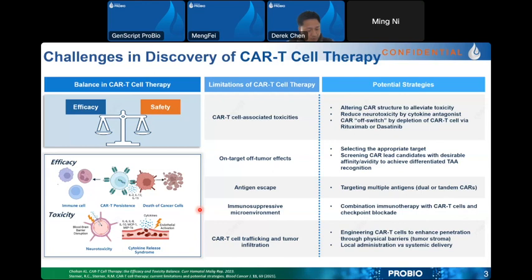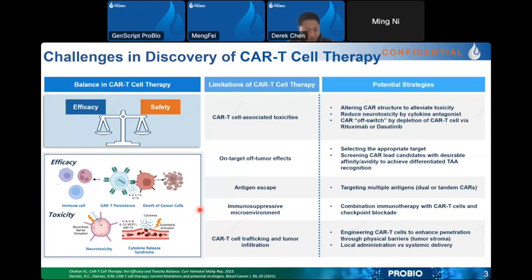The 2 most notable toxicities are cytokine release syndromes and immune effector cell-associated neurotoxicity syndromes. Overall, a careful risk and benefit balance exists between the efficacy and the toxicities of the therapies.